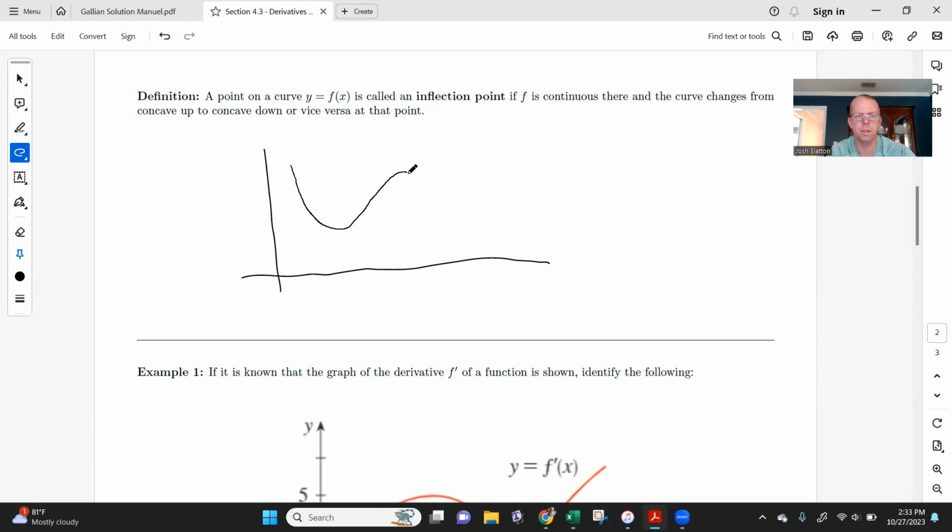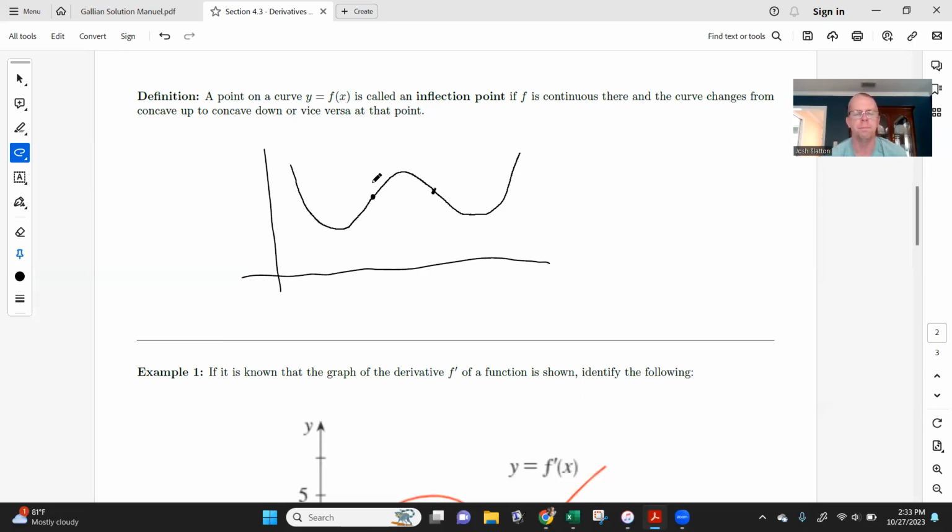Inflection points are easy to find if you have the function, but to see them on the graph, and of course, my graph is not great, but when you have a computer drawn graph, it's easier to tell, but usually about halfway between the min and the max or vice versa, you can see where it kind of goes from concave down to concave up in that case, or vice versa in that case. So these would be the inflection points.